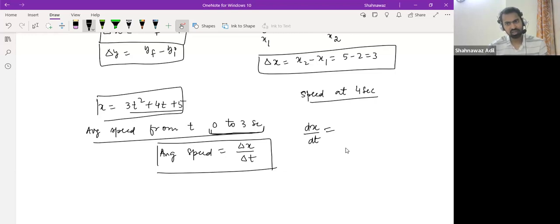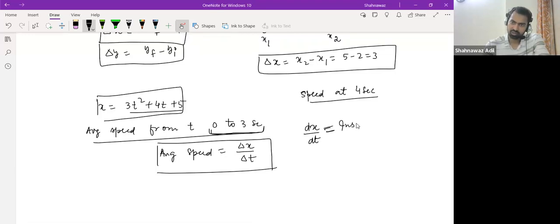You see that this is a non-uniform motion, so what kind of speed will this give?